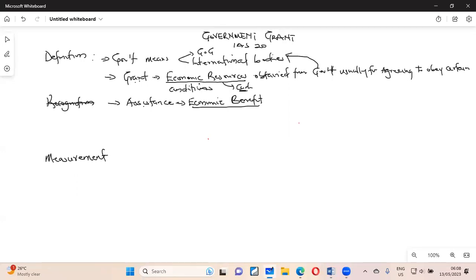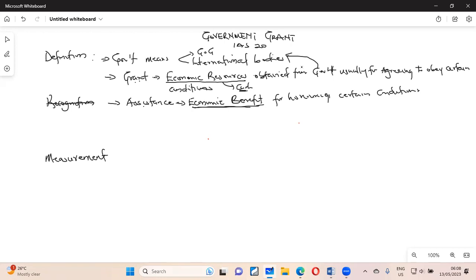This one too is an economic benefit. It's the same English, but let me say for honoring certain conditions. So you have to put the difference in the two.